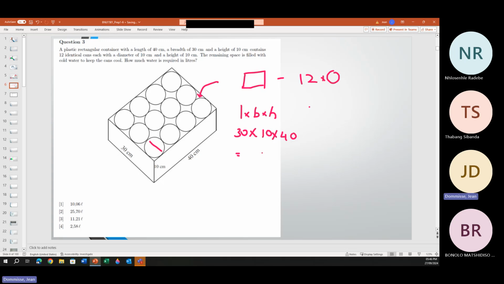Okay, so that is 12,000. And then we are subtracting 12 of the cylinders or cans. So that is pi radius squared times height. So 12 of them.